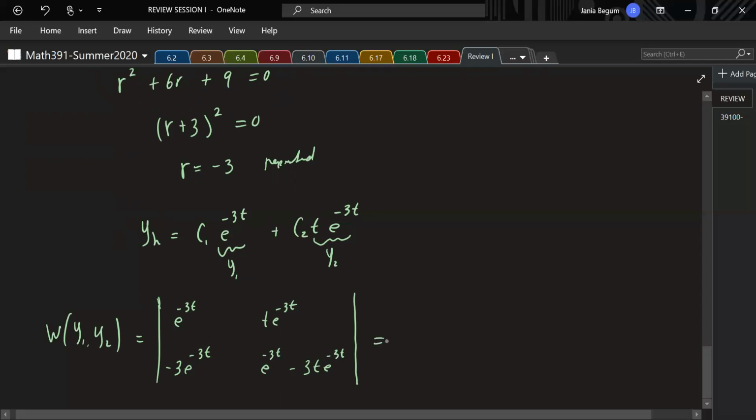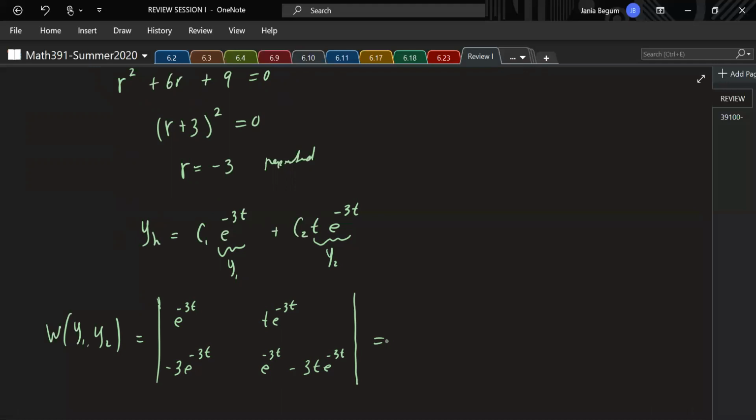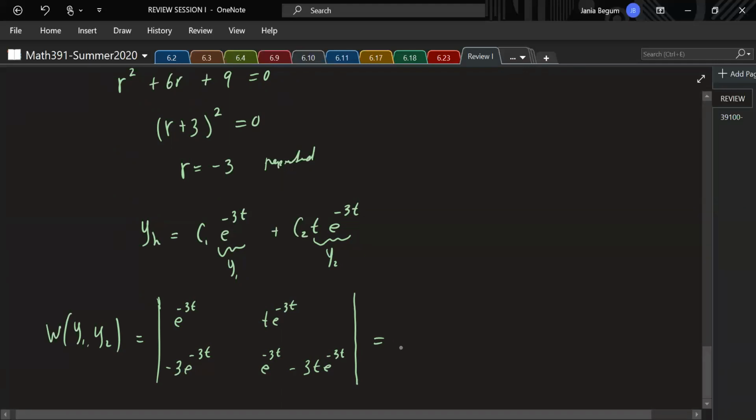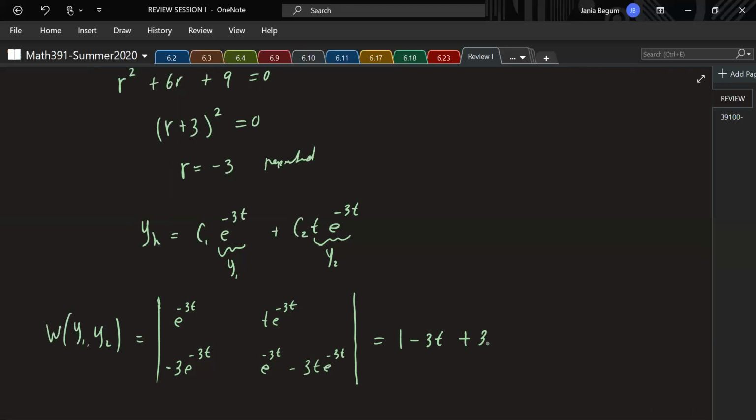Always double check. Now we multiply them using the rule we have. e to the -3t times e to the -3t, you add up their powers. Oh, sorry, that should be e to the -6t.